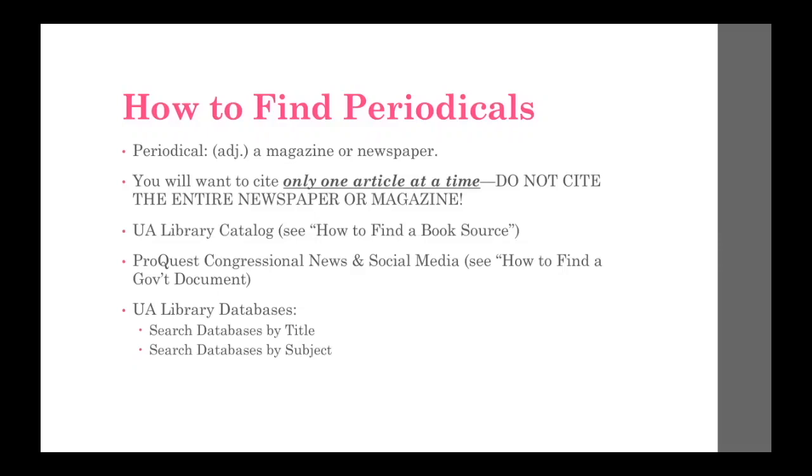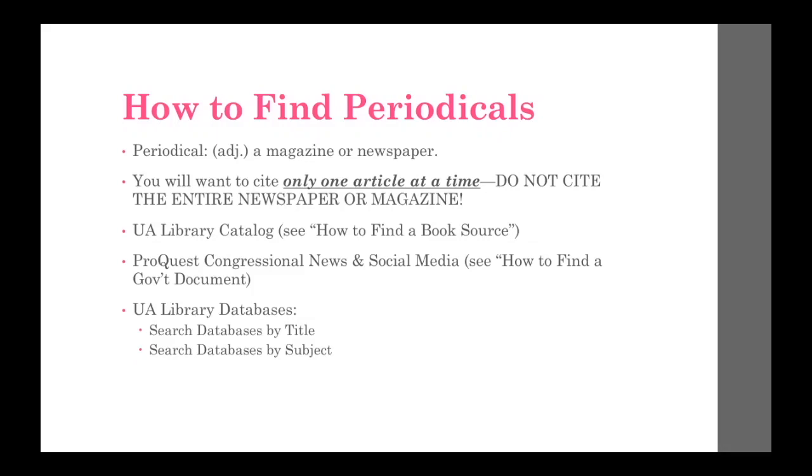So, you may remember, or this may be new to you, that periodical is an adjective that refers to a magazine or newspaper. While this may be very obvious to some of you, you'd be surprised at how many times this happens. You'll want to cite only one article at a time. Do not cite the entire newspaper or magazine.